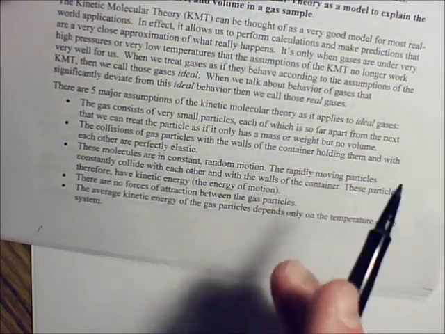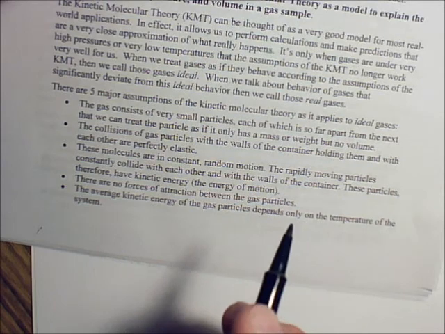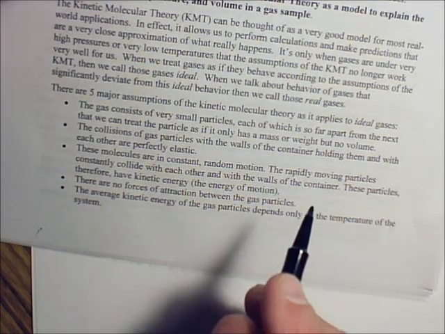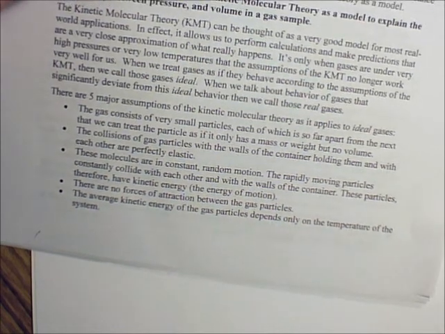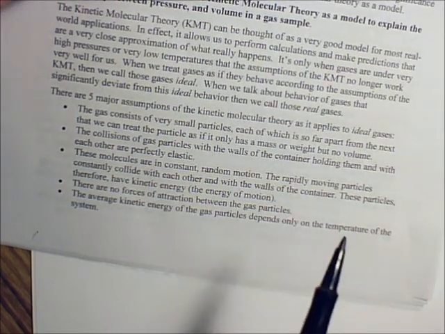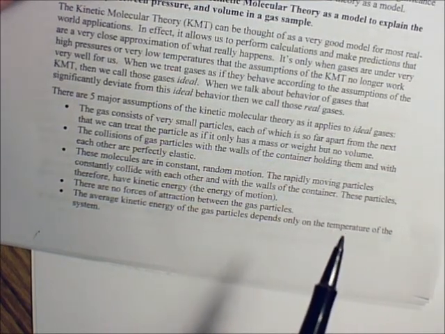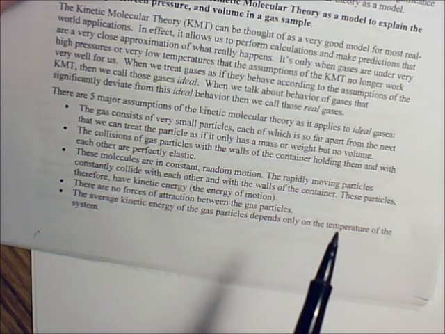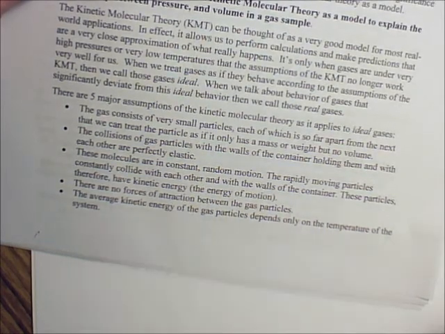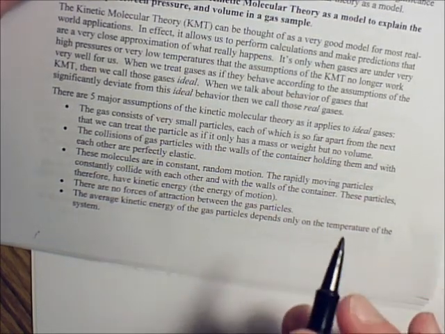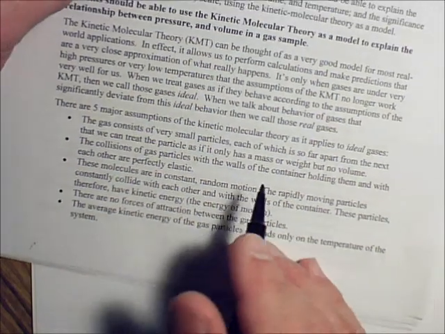Now, is it true that a gas molecule can have mass and no volume? No. It's not possible. All matter has to have what? 2 things? Volume and mass. Okay? So it wouldn't be matter if it didn't have volume and mass. Well, we treat it like an ideal gas particle.